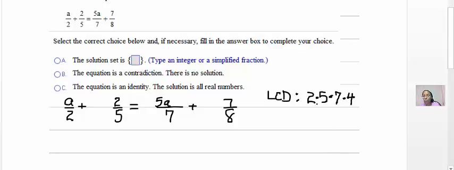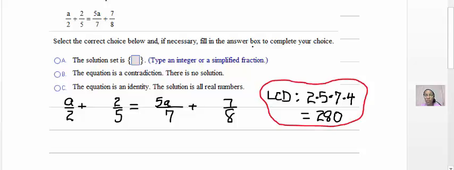Okay, so this is 2 times 5 times 7 times 4. And if you multiply that out, you're going to get 280. So that's our smallest number that each denominator divides into evenly. So what we're going to do is multiply every term by 280.